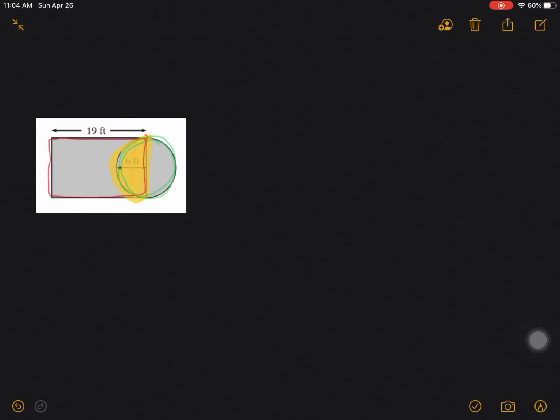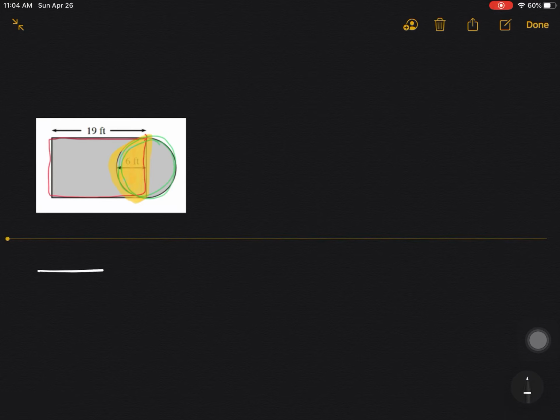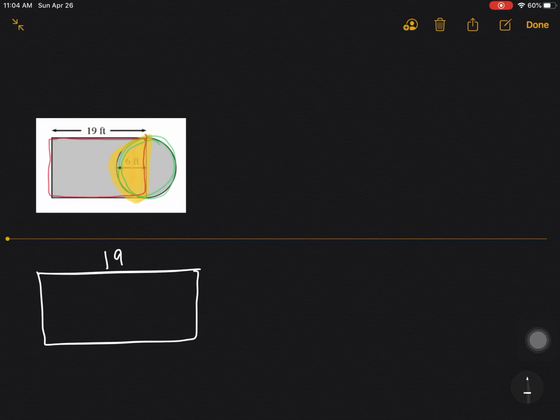The first thing that we're going to do is take a look at our rectangle. We see that we've got a length of 19 feet. We need to figure out what our width is. Looking at our picture, we are told that we have this circle in the middle on the end of our rectangle. We're also told that our radius is 6 feet.